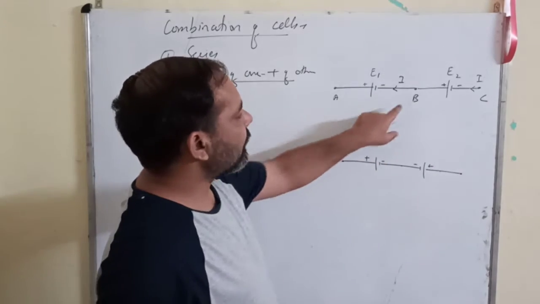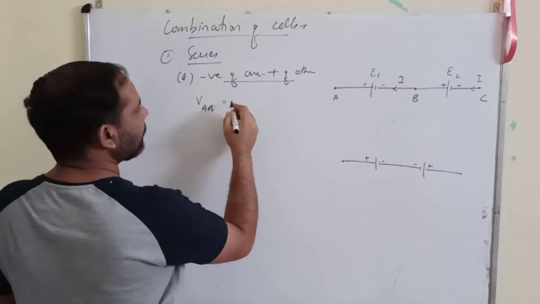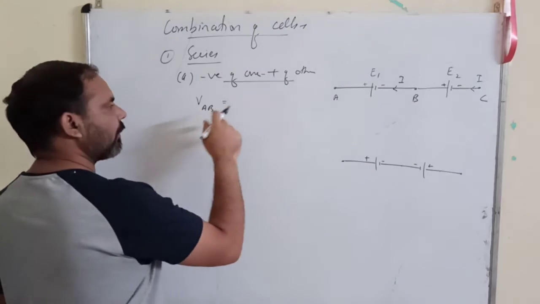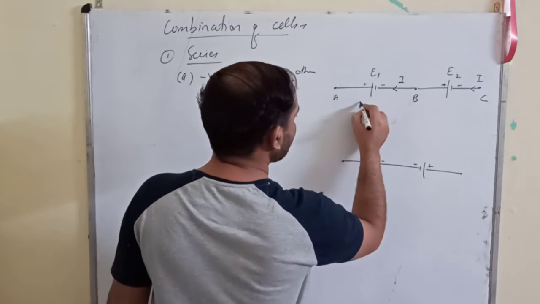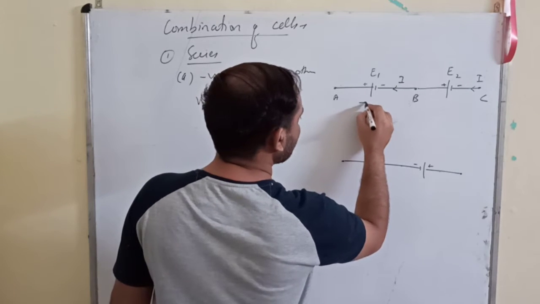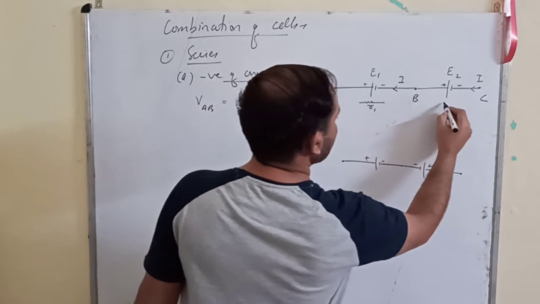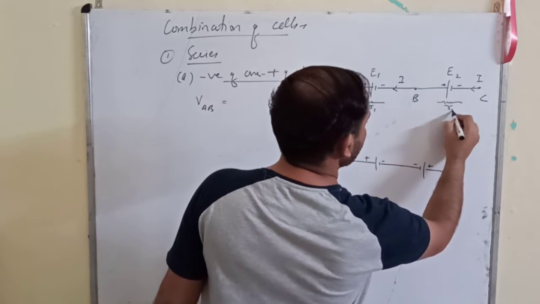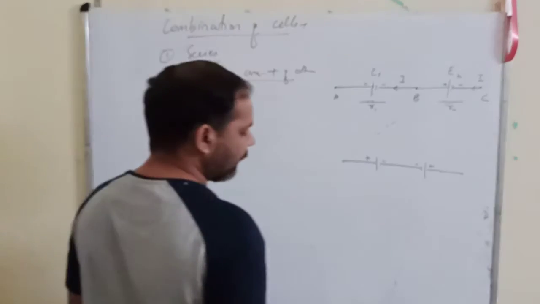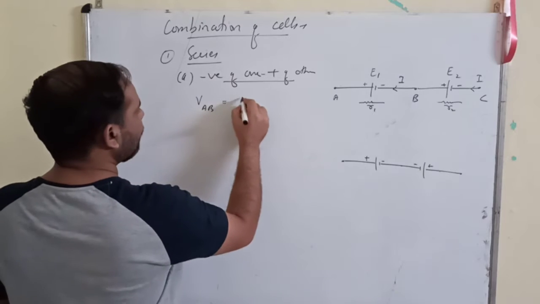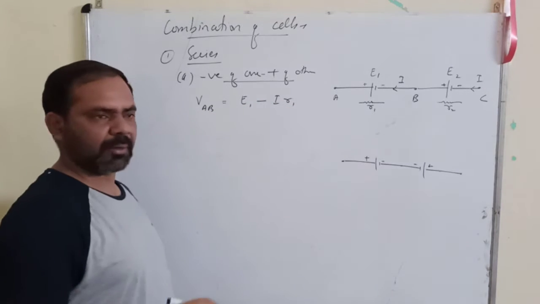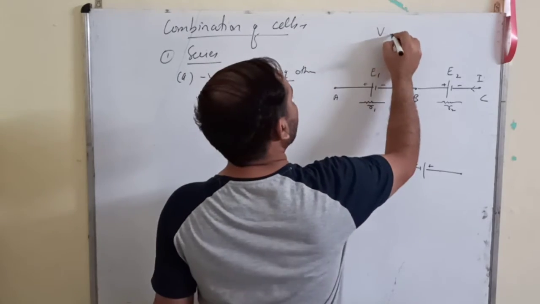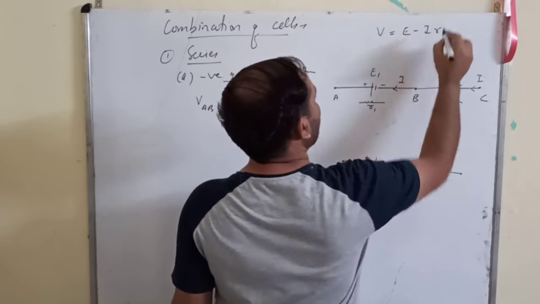Suppose the resistance here is R1 and here the resistance is R2. So VA minus VB is equal to E1 minus I R1, using the formula V equals E minus Ir.